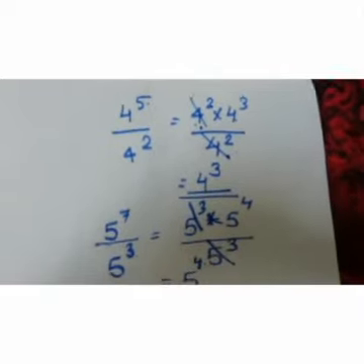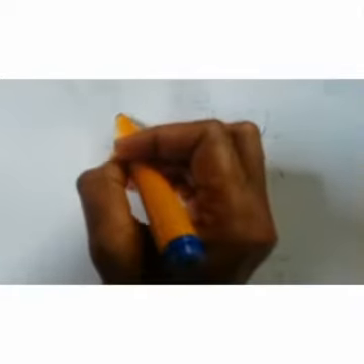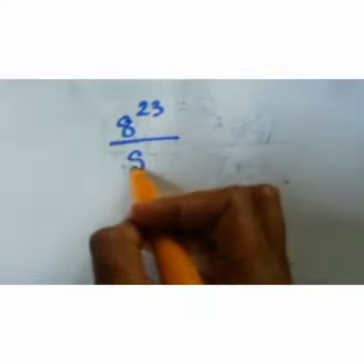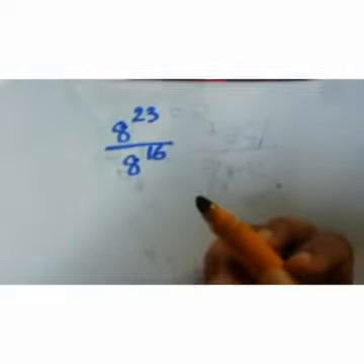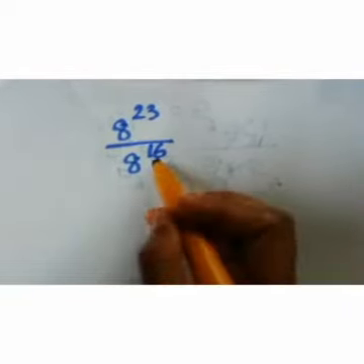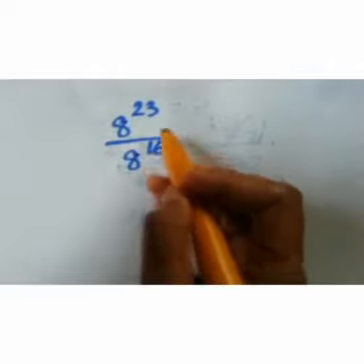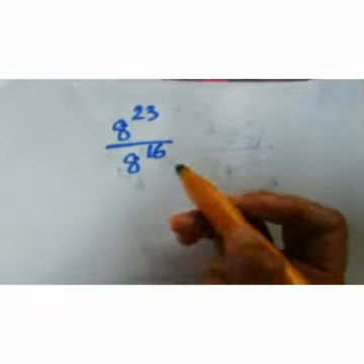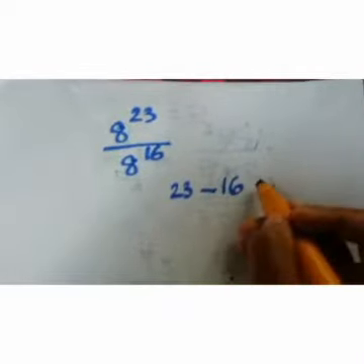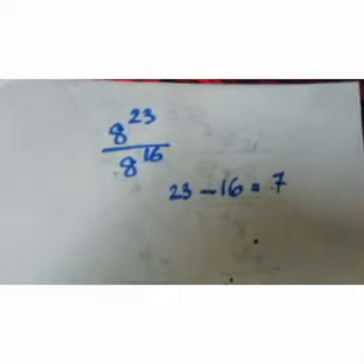What about if 8 raised to 23 divided by 8 raised to 16? Here we can write it like this. First we want to subtract these two powers, that is 23 minus 16. We get 7.